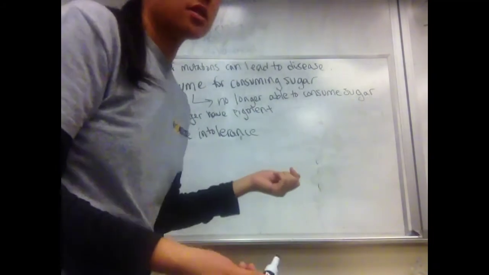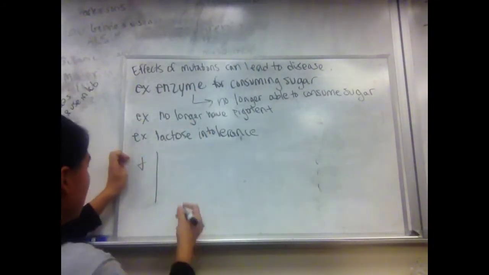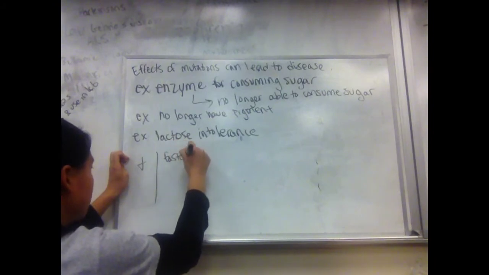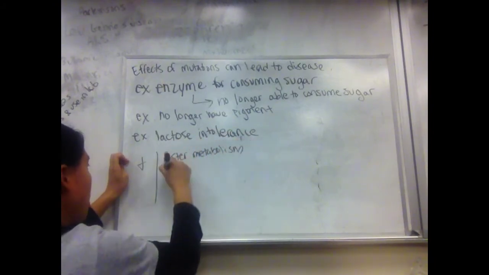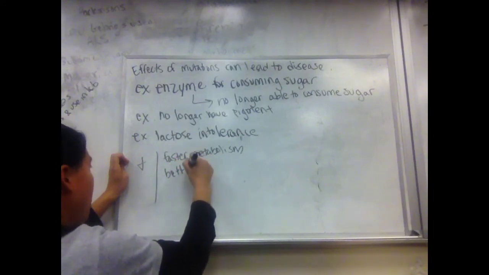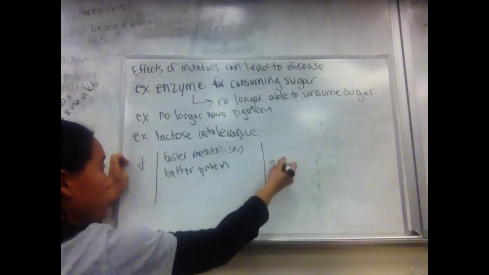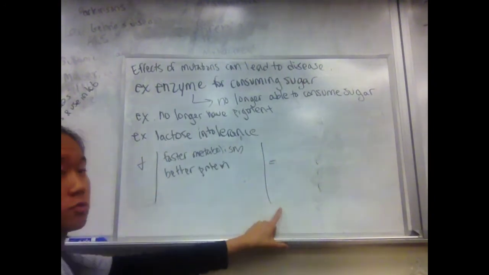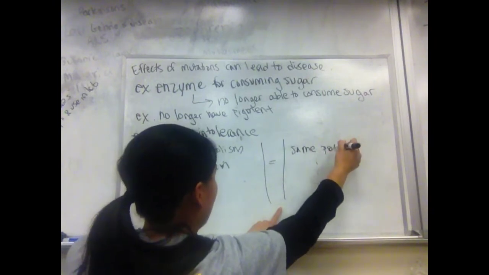In terms of benefits, positives of these, things that can lead to faster metabolism, a better protein, and we also talked about things that were neutral. Neutral effects would be because it's the same protein or a silent mutation.